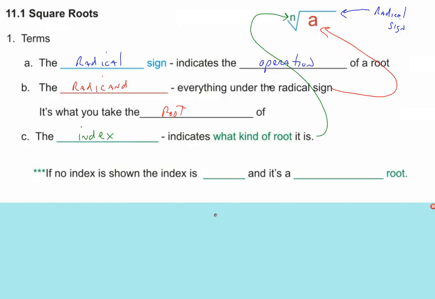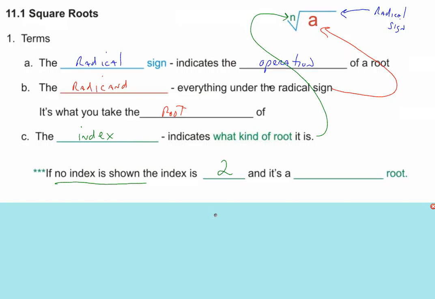Now here's the thing. If no index is shown, the index is 2. But we don't show 2's. There's no such thing as a 1 index. But it can be a 2.